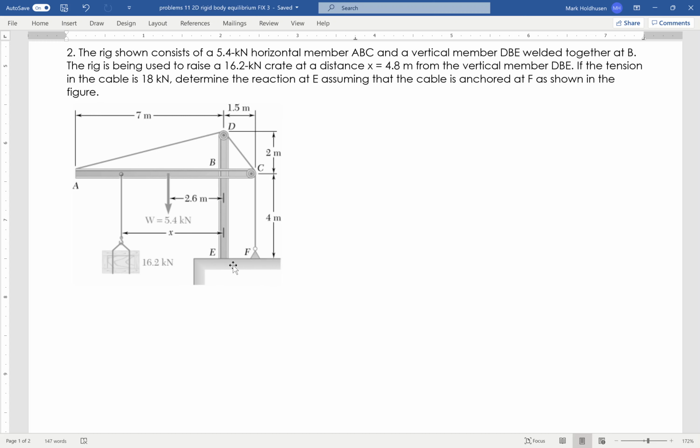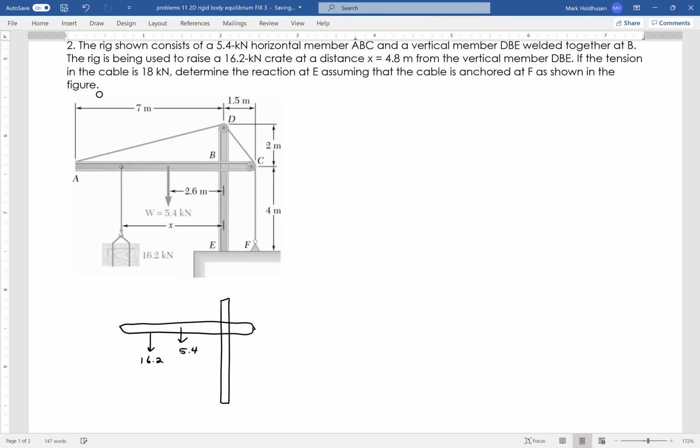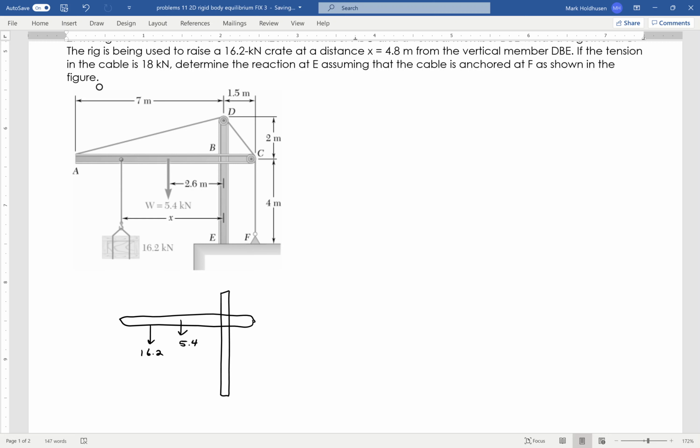So we'll start by drawing my free body diagram of this guy, like so. We'll start with our 16.2 right here and our 5.4 right here. First thing I want to do is talk about my reactions. This is rigidly attached.